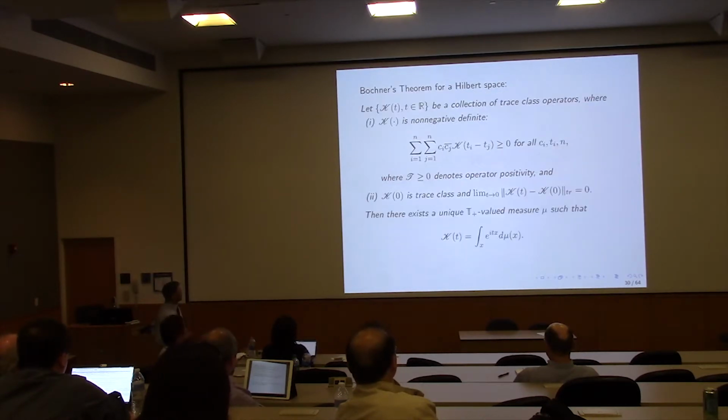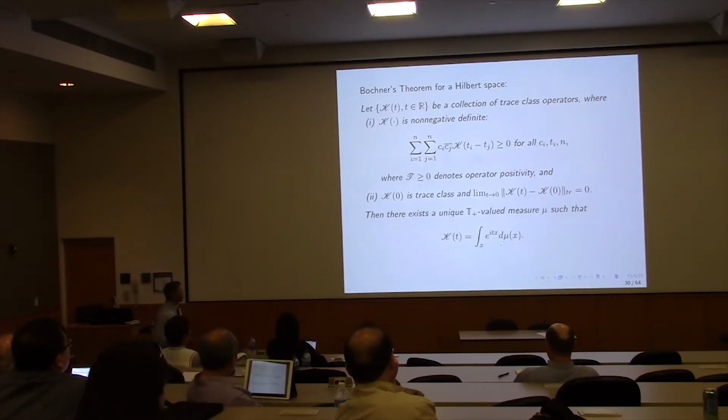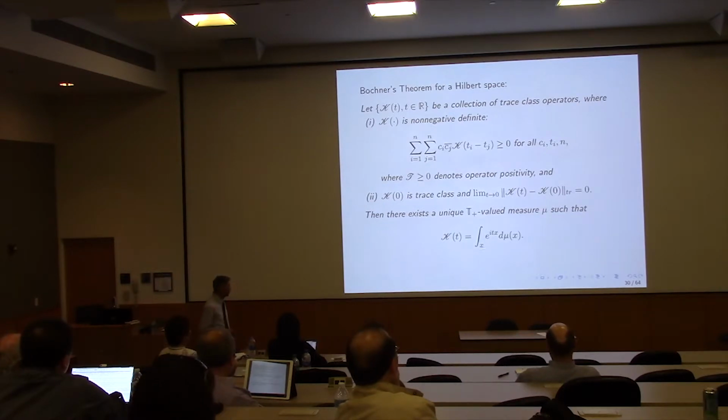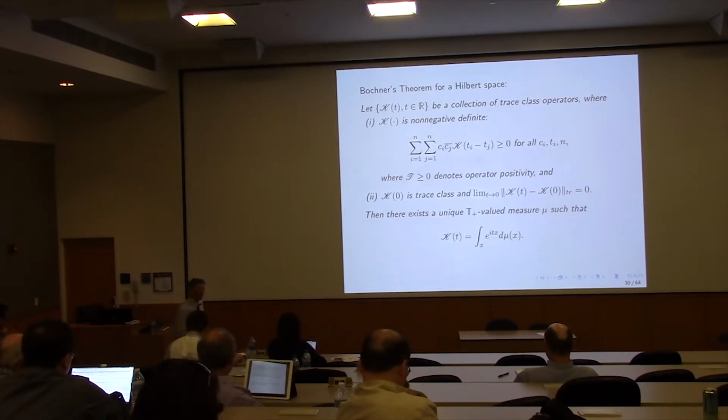Mu is trace class. Yes, I'm assuming everything is trace class, and so I start out with trace class. In the Bochner representation, this mu, yes, trace class. So there's an issue of how to define this. If you're not in trace class, this is very tricky to define. So that's really part of the definition of what this integral means.